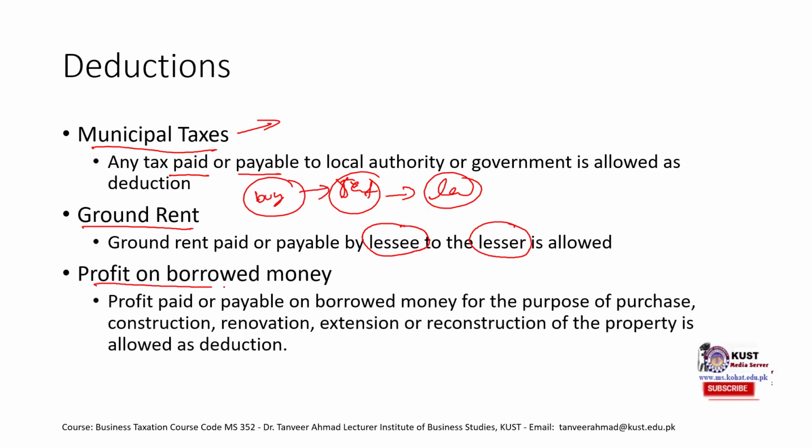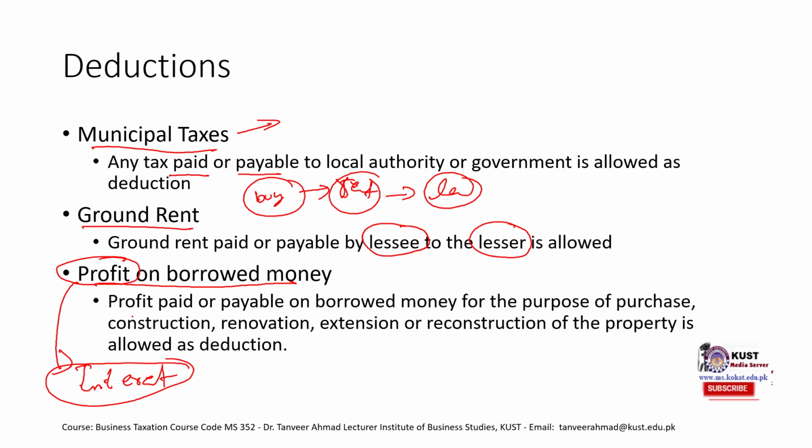Profit on borrowed amount. Normally, you would see in our income tax law the term profit on borrowed amount being used, but essentially it is the interest. So the word profit on borrowed amount is used in textbooks, but the term it should have been used is interest.